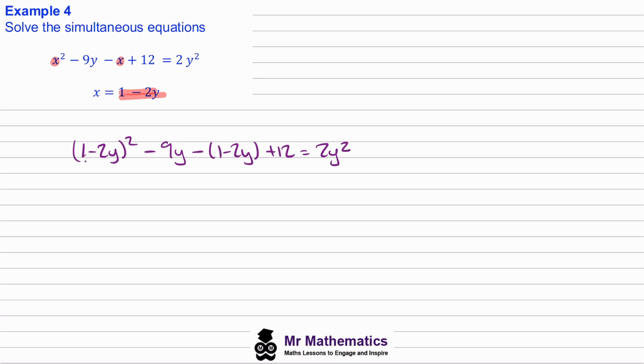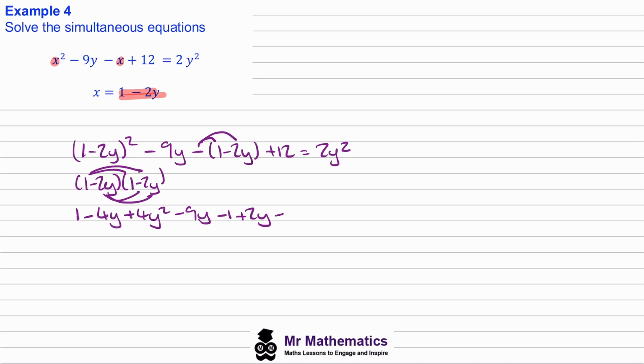We'll expand out this quadratic here, so 1 minus 2y multiplied by itself. This will give us 1 minus 2y minus another 2y plus the 4y squared, minus the 9y, minus the 1 plus the 2y, plus the 12, and we'll move this 2y squared to the other side.